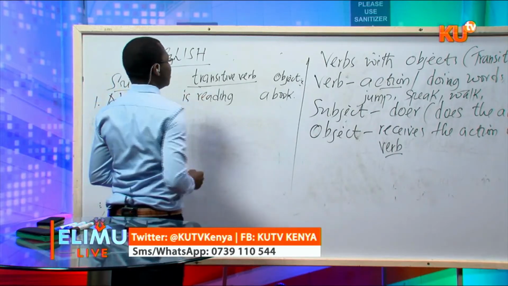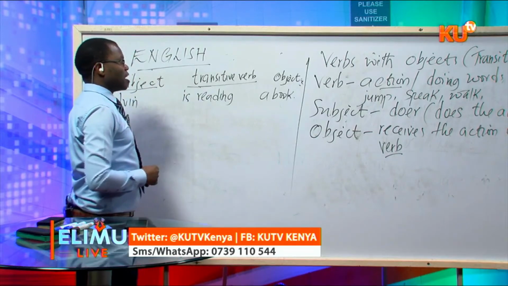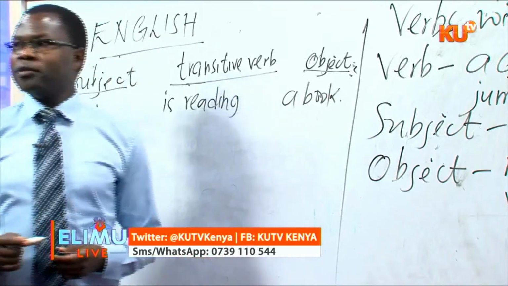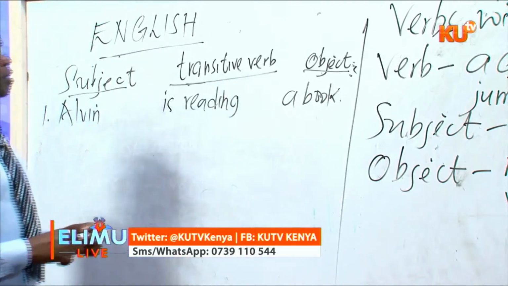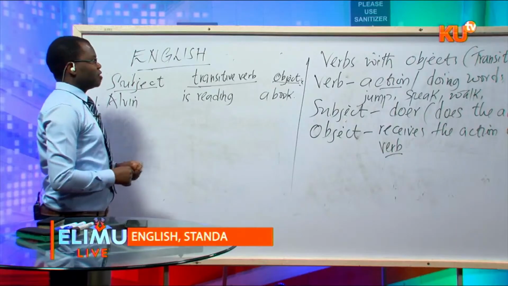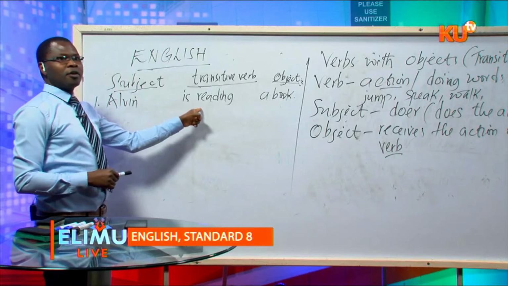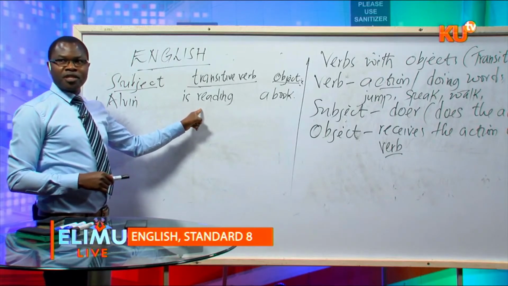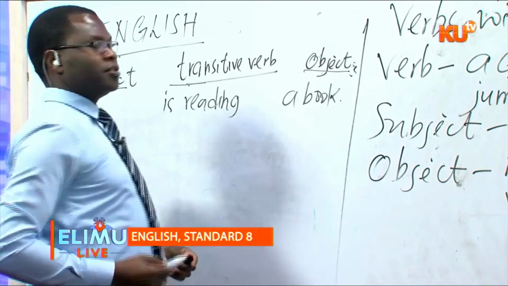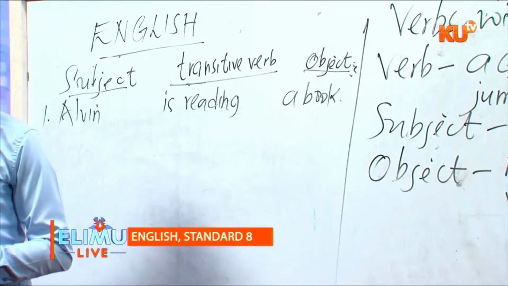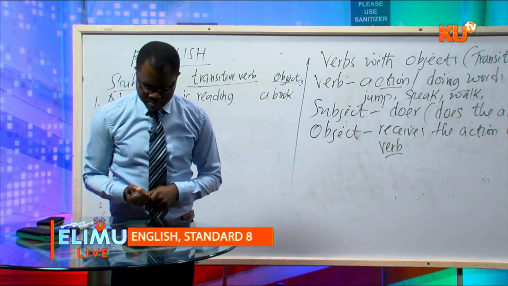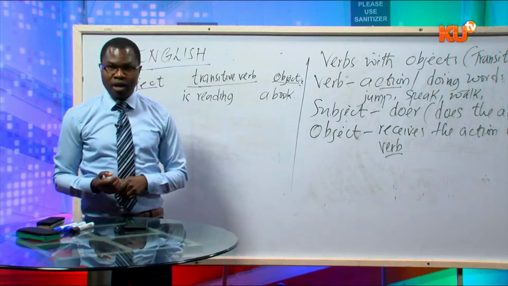Reading is what we call a transitive verb, and then the object here is a book. So Alvin is the subject, he is the doer, the one doing the action here, which is a verb, is reading, and what is being read is an object, which is book. Verbs with objects. Number 2, mother likes her new dress.